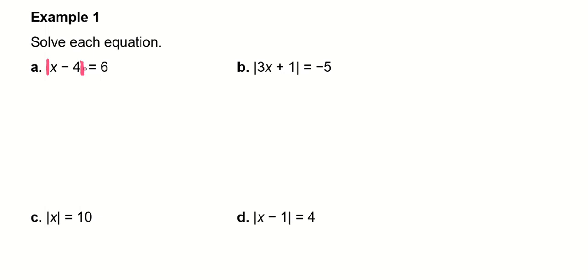As long as there are numbers around it, so for example, if I had the absolute value of x minus 4 plus 3 equals 6, then that 3 right there would represent a zombie. So in this example A, the absolute value of x minus 4 equals 6, we see that there are no zombies anywhere near our barricades.